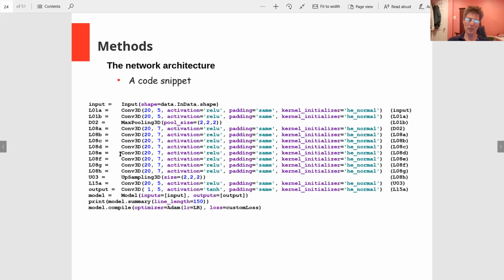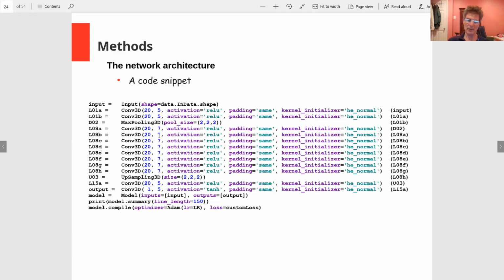At the lower resolution, there are 8 convolutional layers, and then 2 preceding that and 2 after that at the higher resolution. The 5 here means 5 by 5 by 5 kernel.